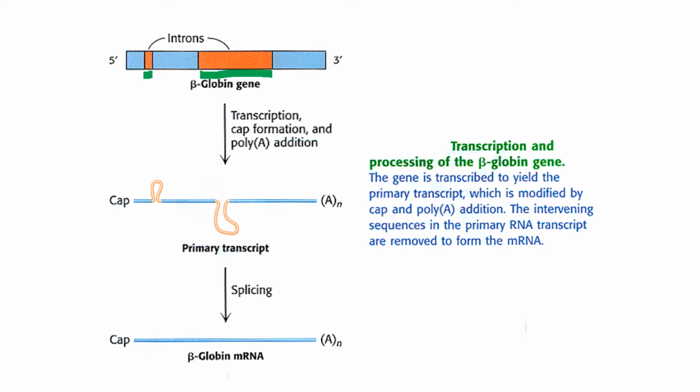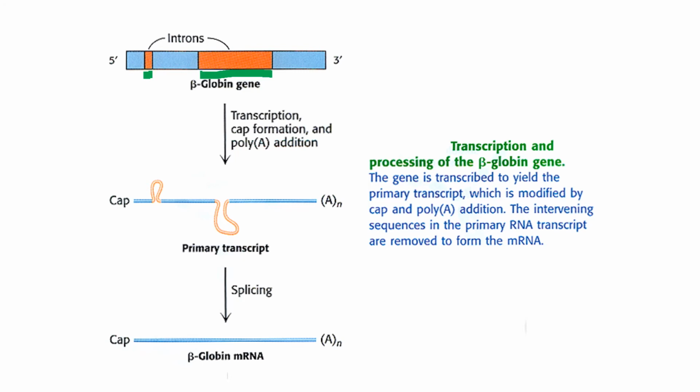During transcription of genes that contain these introns, the entire gene is transcribed into mRNA. The primary transcript then is modified with the cap, the poly A tail, and the excision of the introns and splicing.